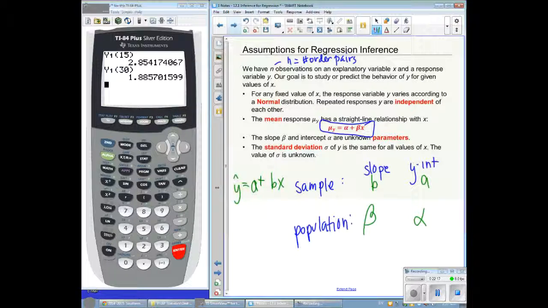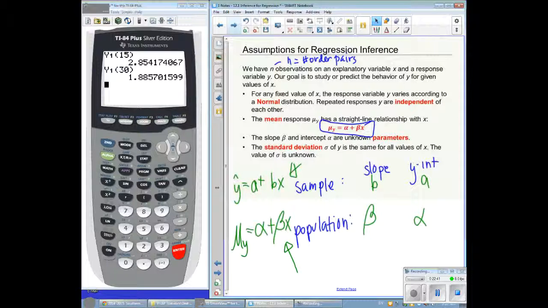But in terms of our population, we're looking at the mean response of y. So I'm looking at mu of y is going to equal whatever the population y-intercept is plus whatever the population slope times x. Okay, so this is the equation that we're going to be working with. This is the equation that we're trying to estimate.